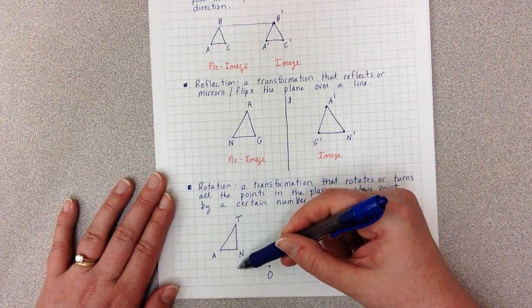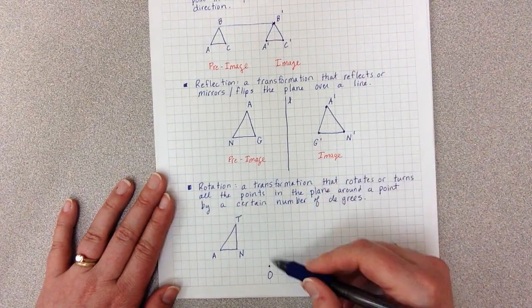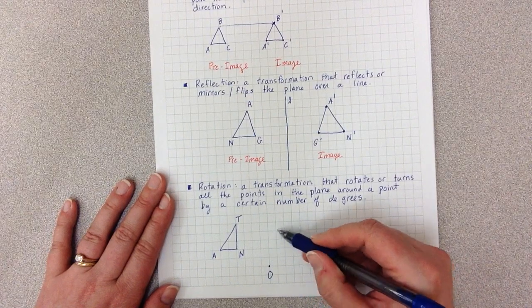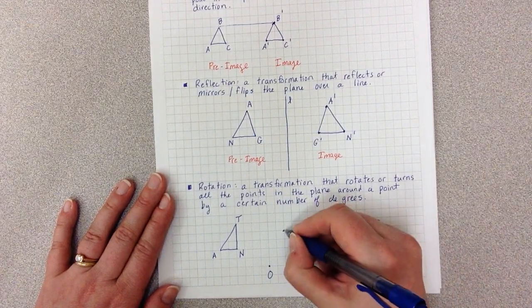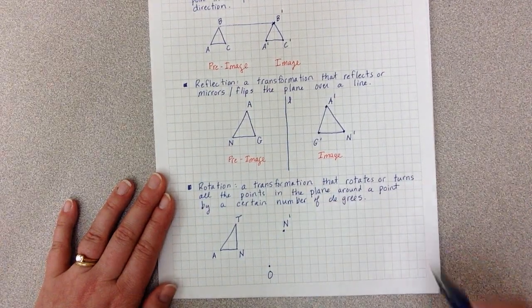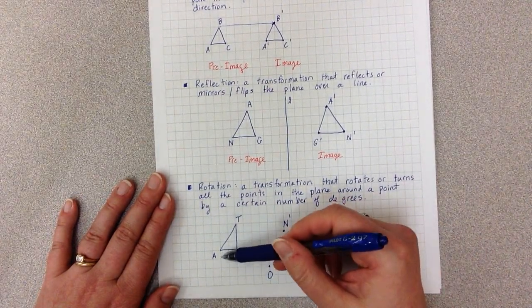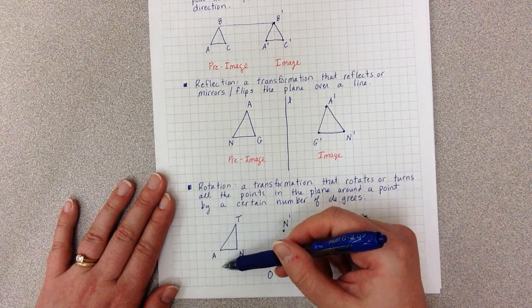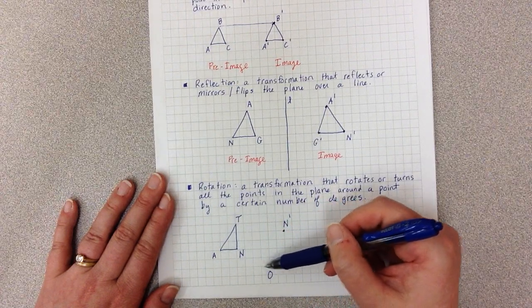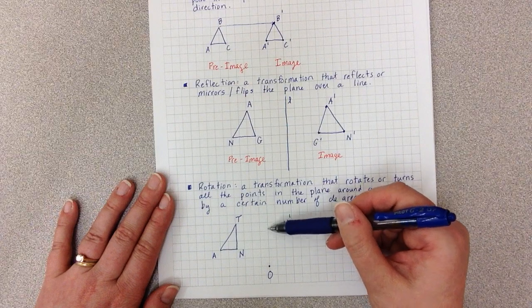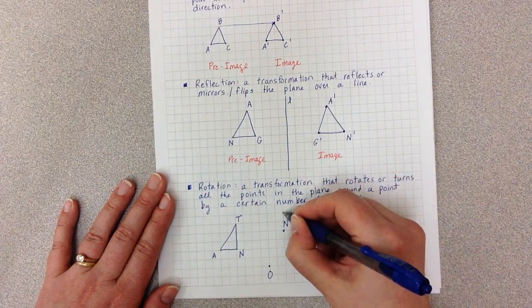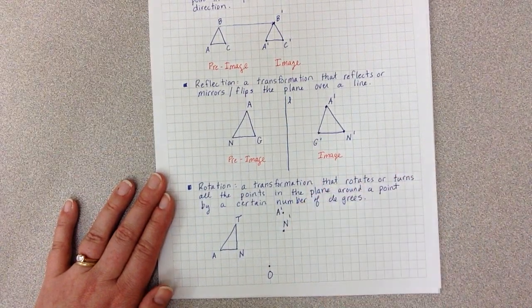So, this is where N prime ends up, which means this is where A prime ends up.